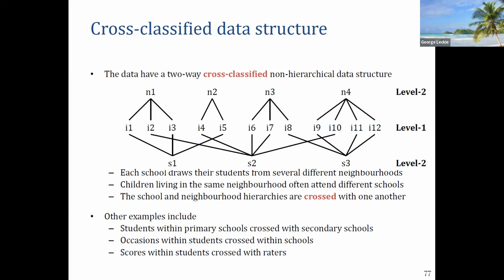Or maybe every essay is scored at random by 2 raters, double marking. This could be an example of testing their marking procedures and benchmarking before they do proper marking. That's cross-classified as well. Or you might have students' responses nested within items and nested within students. Okay, so that's cross-classified.